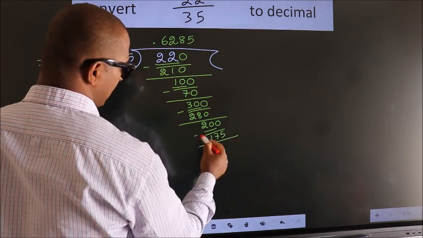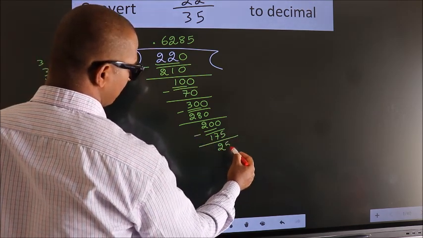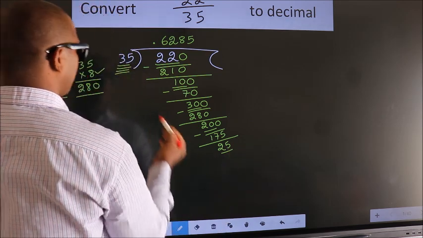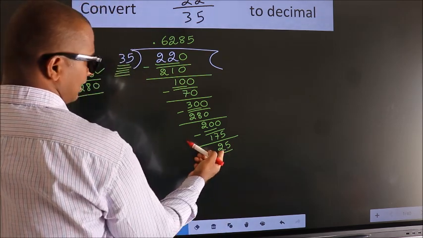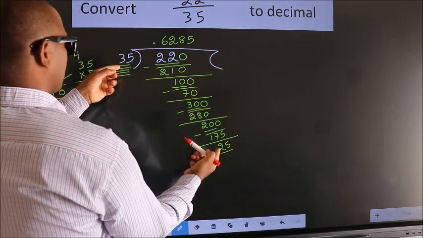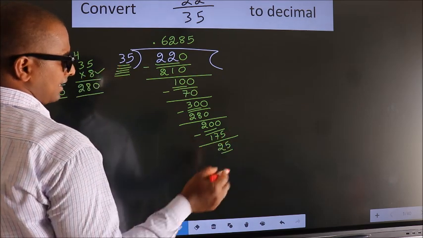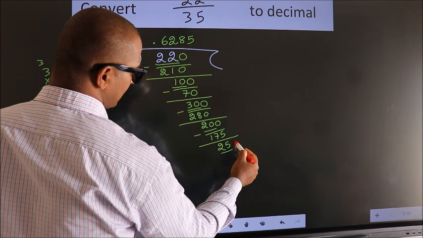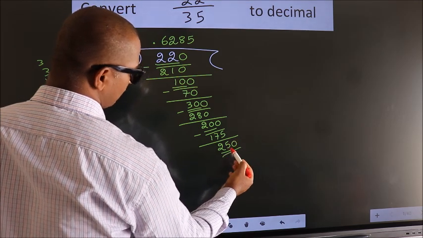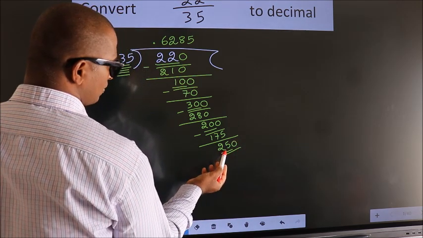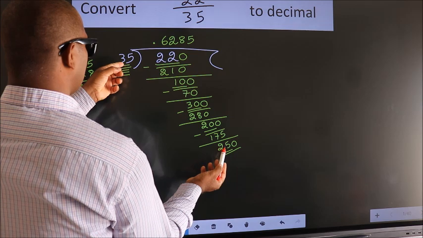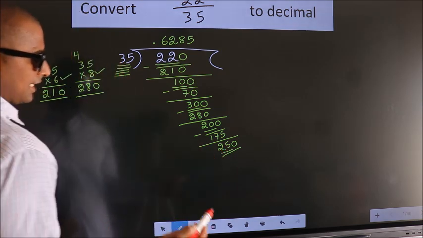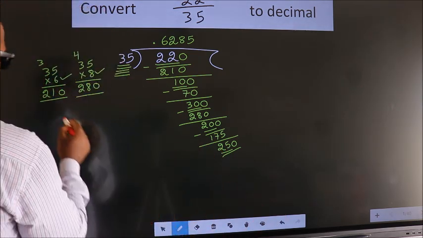Now we subtract, we get 25. Here we have 25, here 35. 25 is smaller than 35, and we already have the decimal, so we can directly take 0. So 250. A number close to 250 in the 35 table is, let us go with 7.